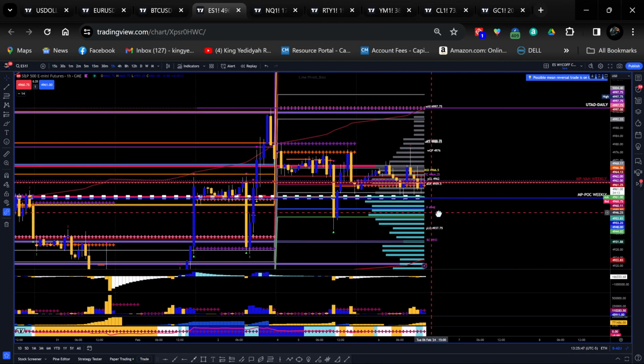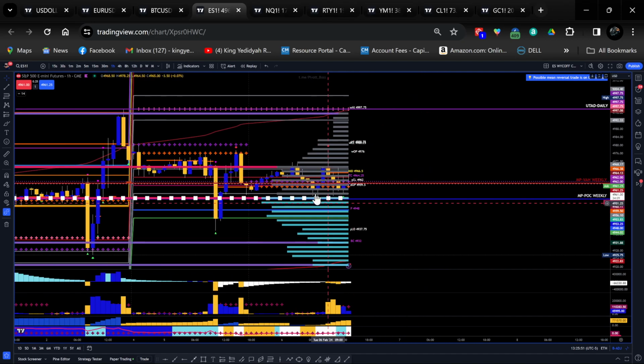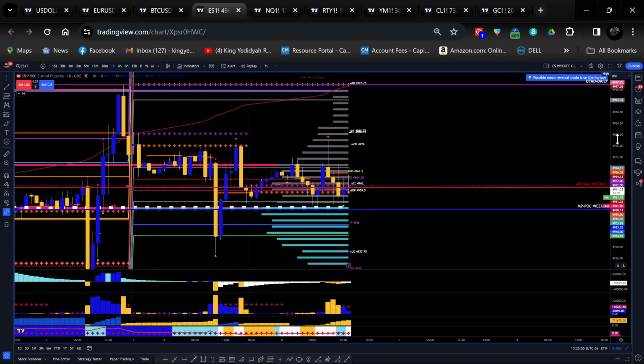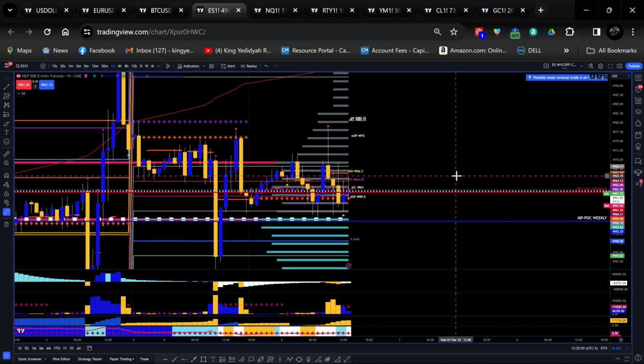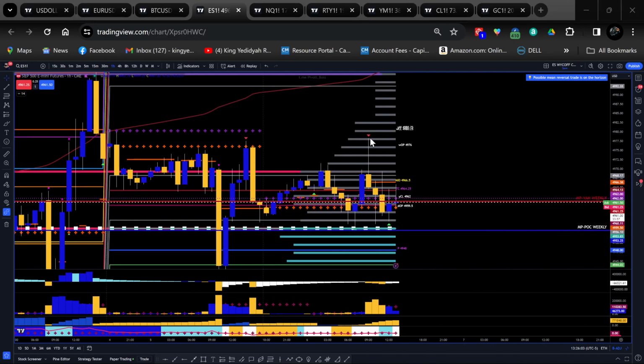So the volume profile on that is matching up with the weekly POC, and we're just kind of consolidating above that level right there. So we do have some wicks to the upside, right? Again, this is the 1-hour chart. We do have some wicks to the upside, serious rejection.